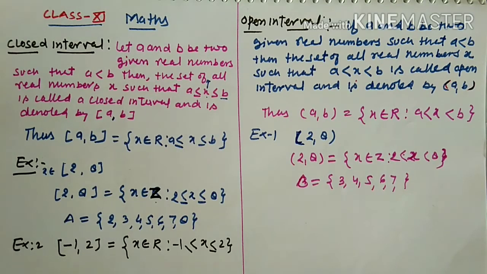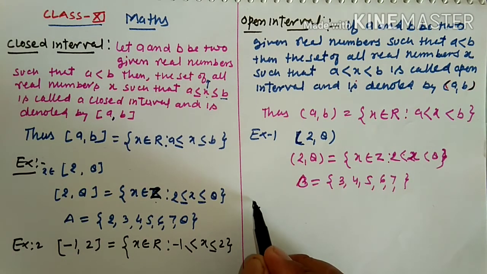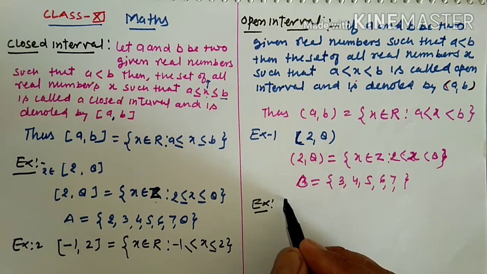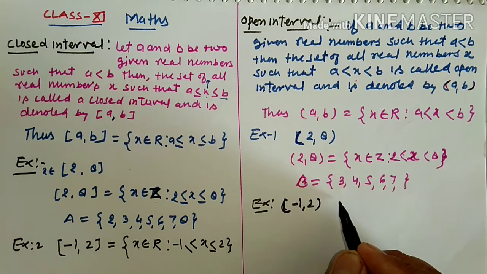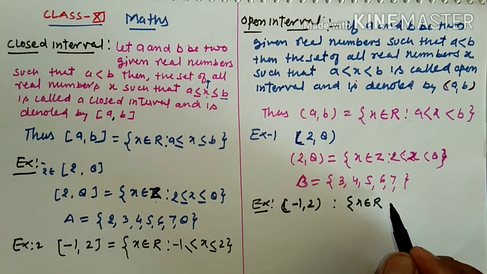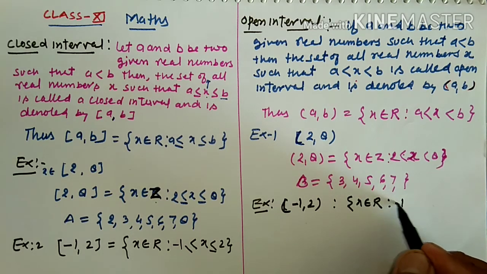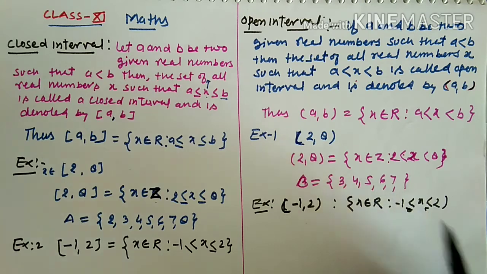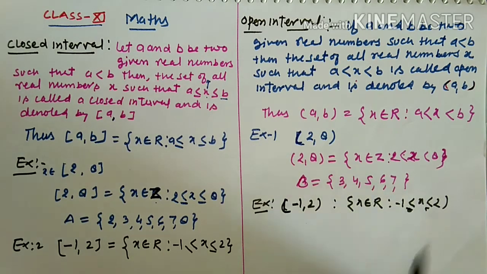Clear? Okay. Let me explain this by an example on a number line, again a similar example. I will take (-1, 2) such that x belongs to the real numbers, and x is greater than -1 but less than 2, not equal.